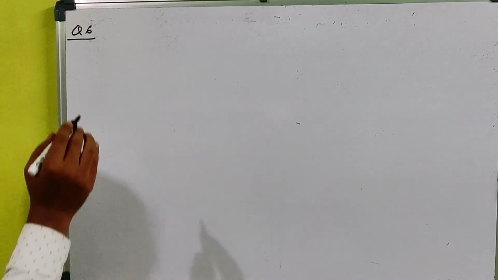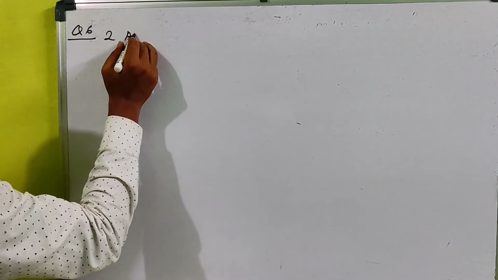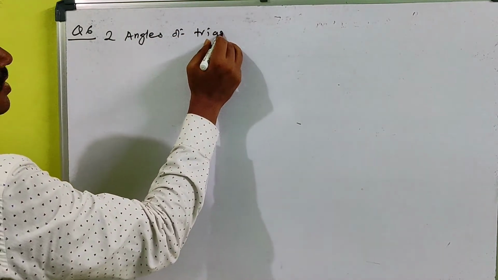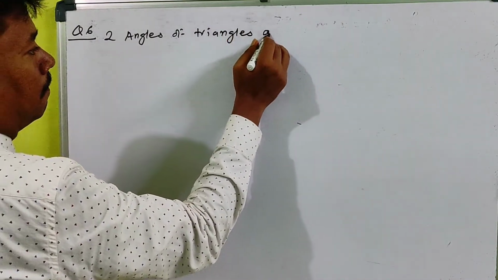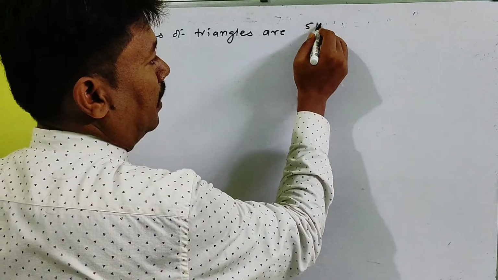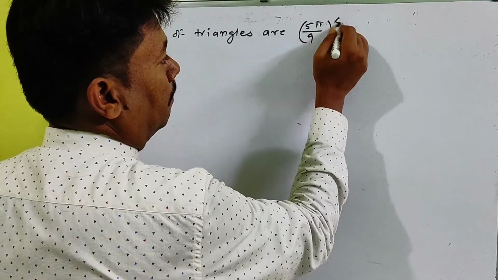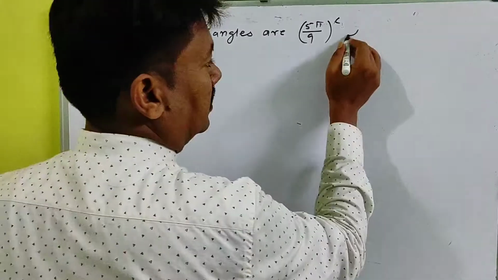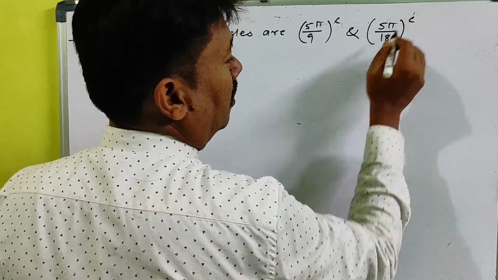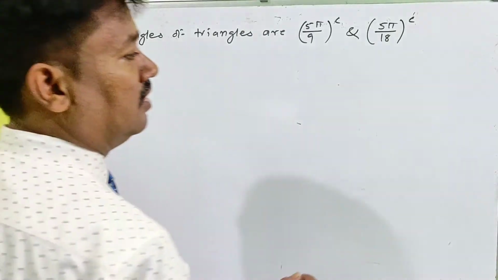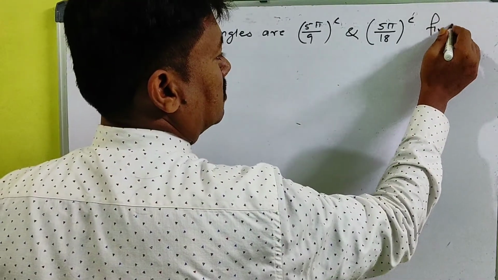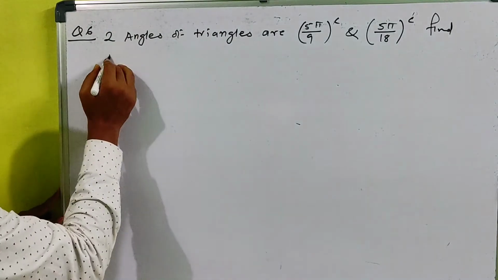Two angles of a triangle are 5 pi by 9 radian and 5 pi by 18 radian. Then find the third angle in degree and radians.